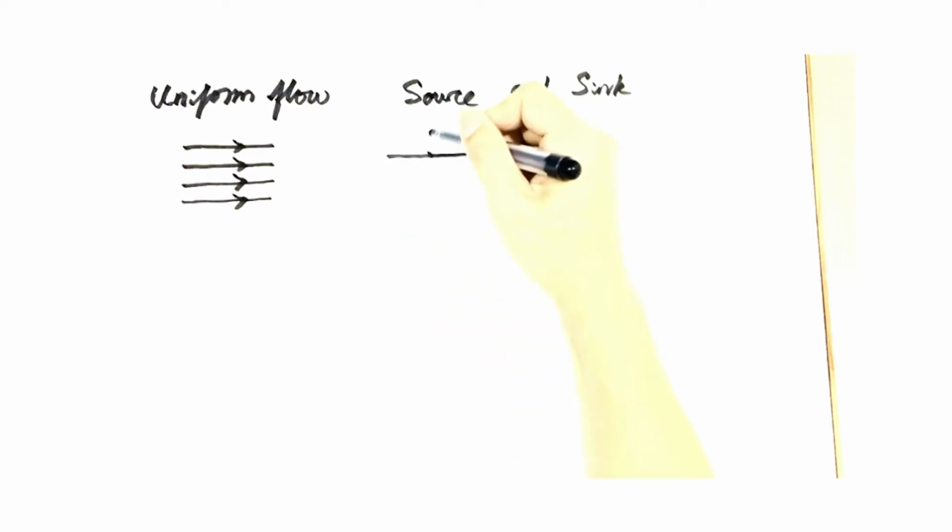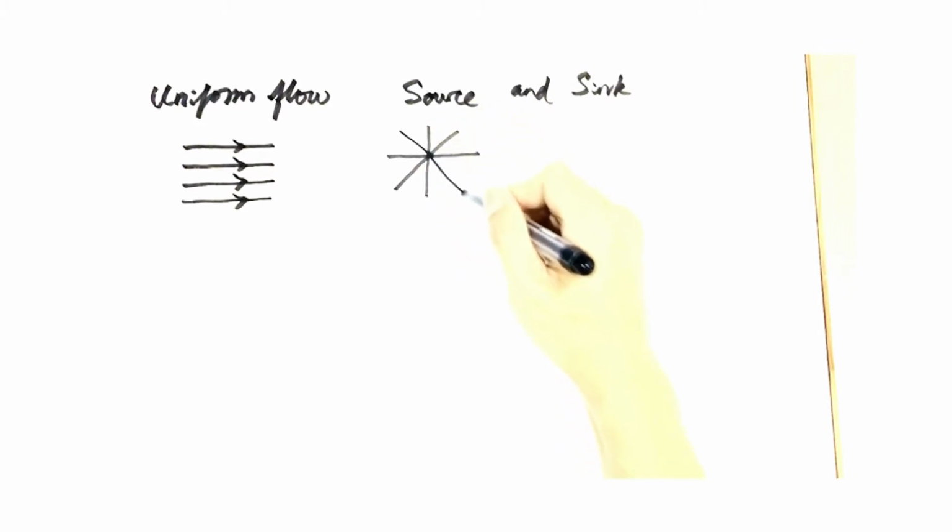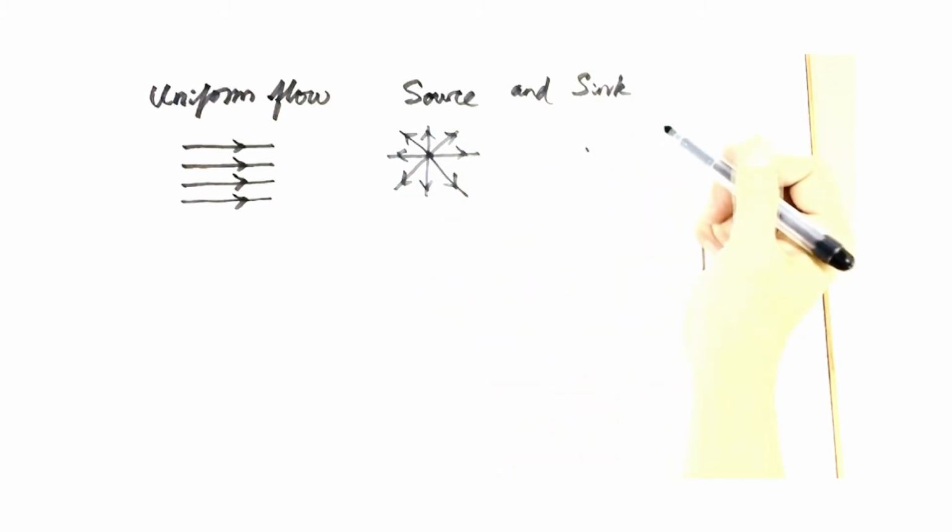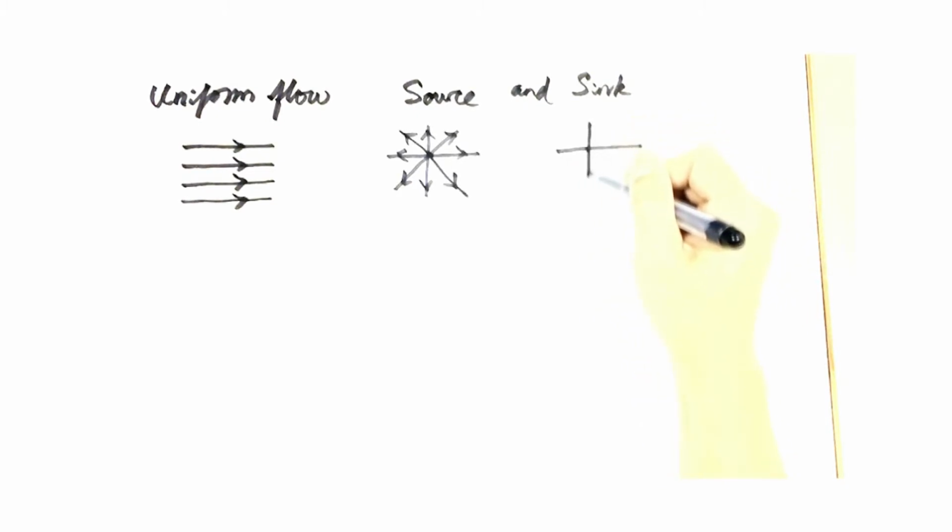From this point, the flow is directed outwards radially. The sink flow is very similar to the source. There's also a common point, just that the flow is directed inwards.